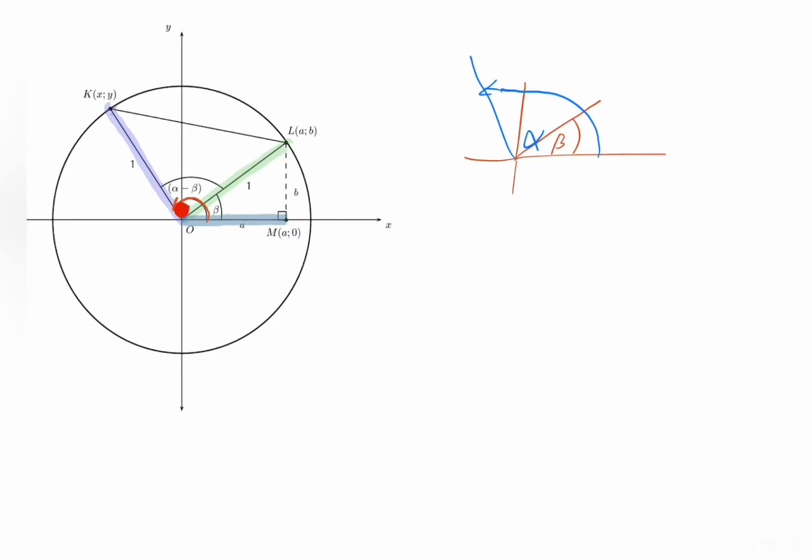Bringing you back to this diagram, to find this angle, you're going to take the difference between alpha and beta. So that's why we have alpha minus beta, which gives us the angle between those two lines. All right. From here, we can start with our proof.